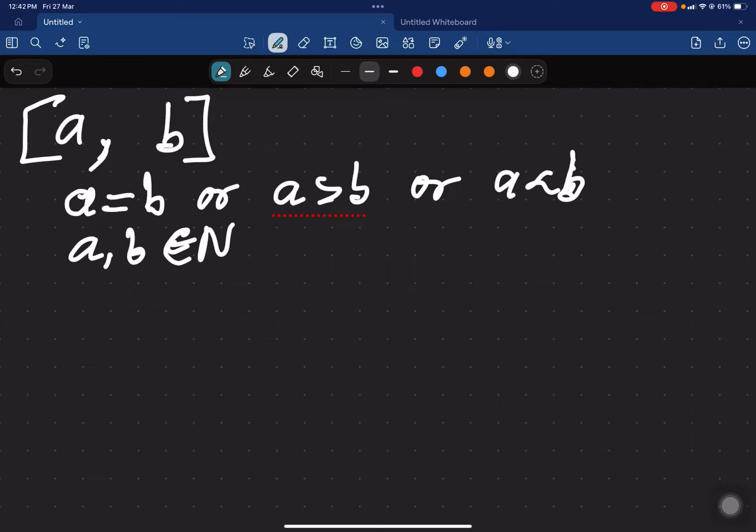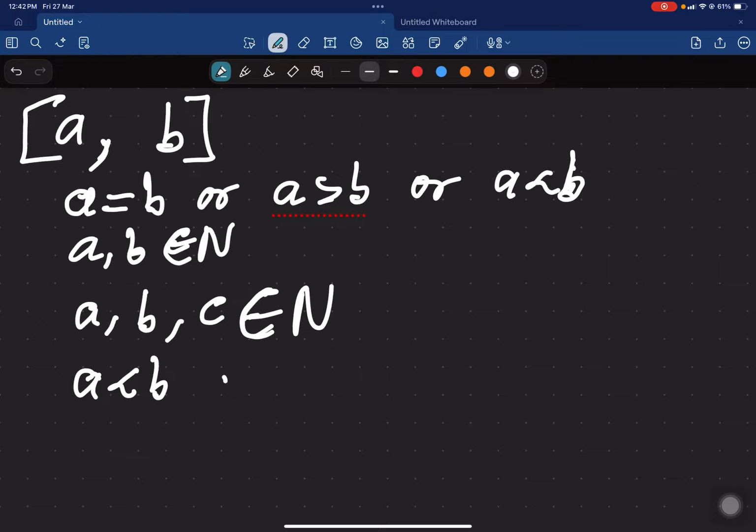Now let's look at the law of transitivity. This is where we are going to consider three natural numbers belonging to the set of natural numbers. This is what the transitivity law states: if a is less than b and b is less than c, then it should make sense that a should also be less than c.